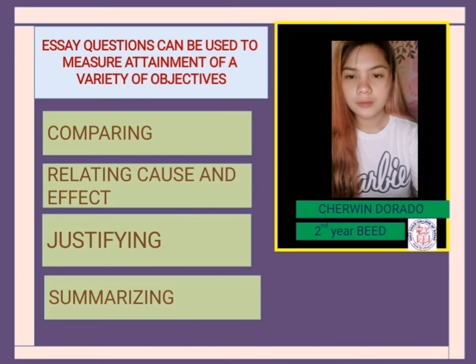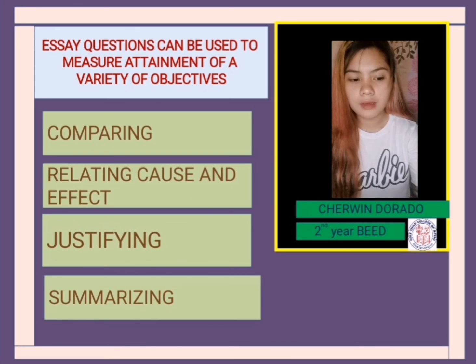Essay questions can be used to measure a variety of objectives. First is comparing. Describe the similarities and differences between, and compare the following methods. Second is relating cause and effect. What are the major causes and effects of the essay? Third is justifying. Explain why you agree or disagree with the following statement.